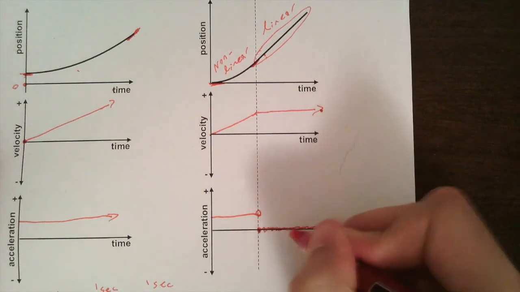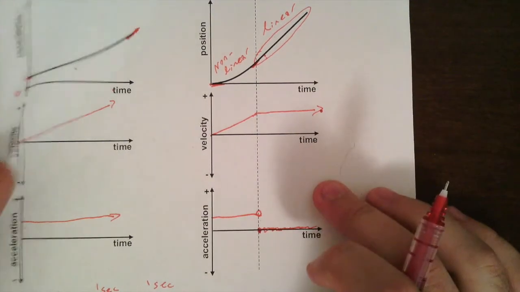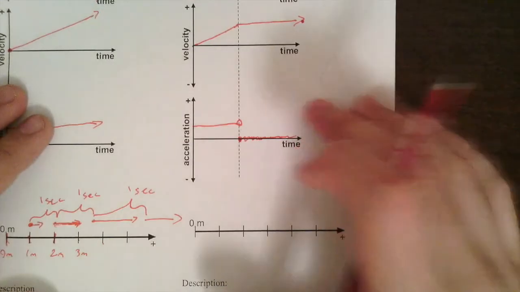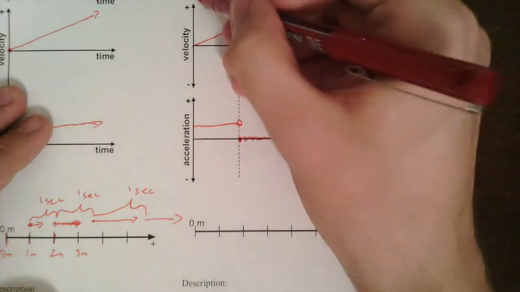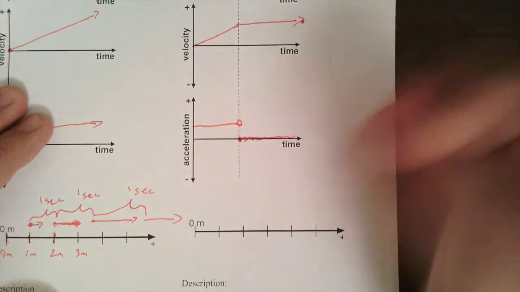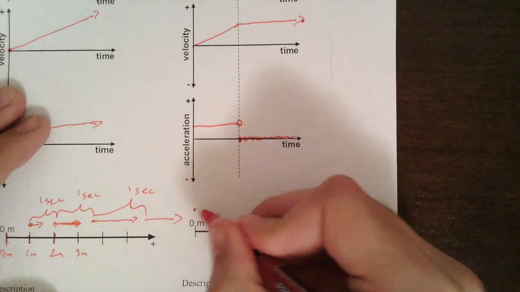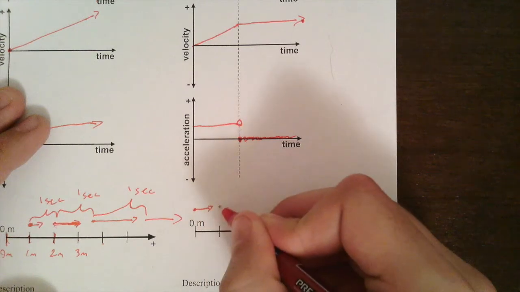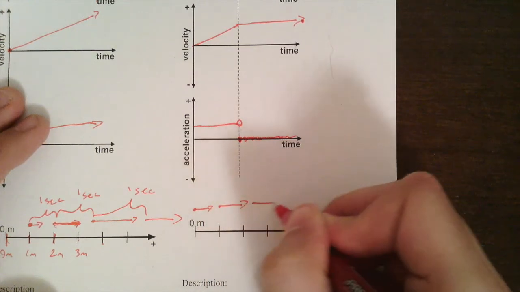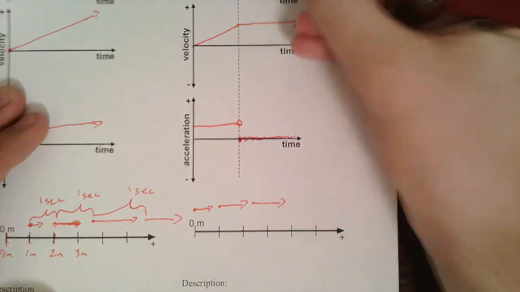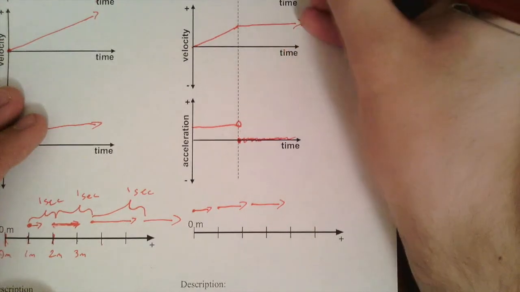For my motion map, what I want to draw is I start at 0 on my position versus time graph. I then start off slow, get faster, and then I stay at a constant speed.